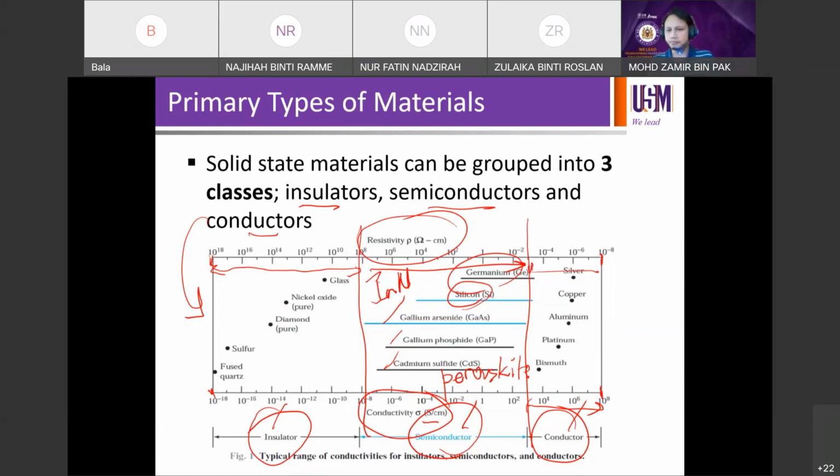Okay, any other? Sofiyuddin, any examples? Zinc oxide, yes. Good. Aluminium gallium arsenide, we normally call that GaAs.